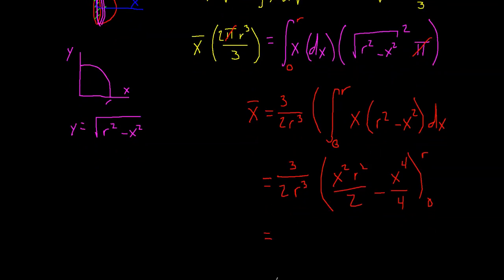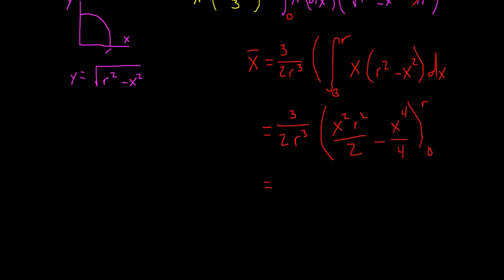Plugging in r, we get r to the 4th over 2 minus r to the 4th over 4.